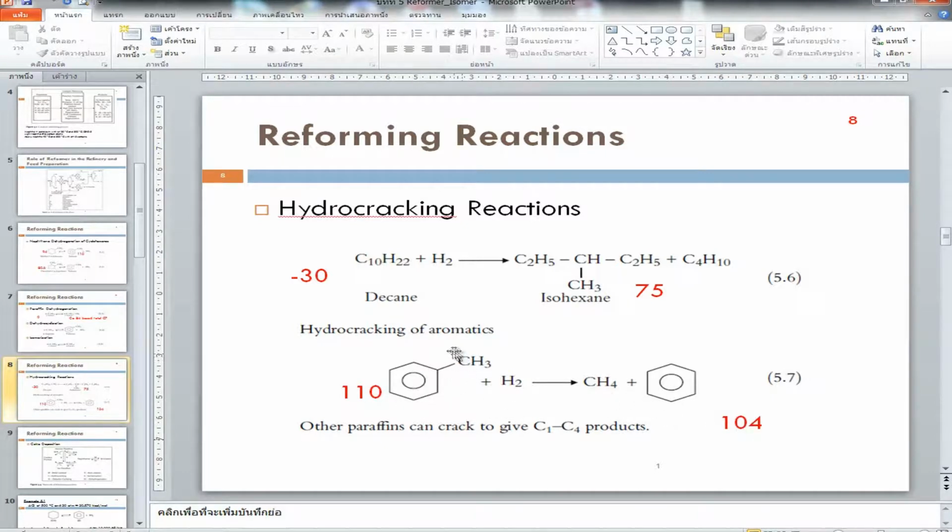So in this case, we may have to reform this for C7 and put some hydrogen into this. Then what we get is aromatic one, a benzene ring, that can be used after cracking. We can use that in the gasoline pool.